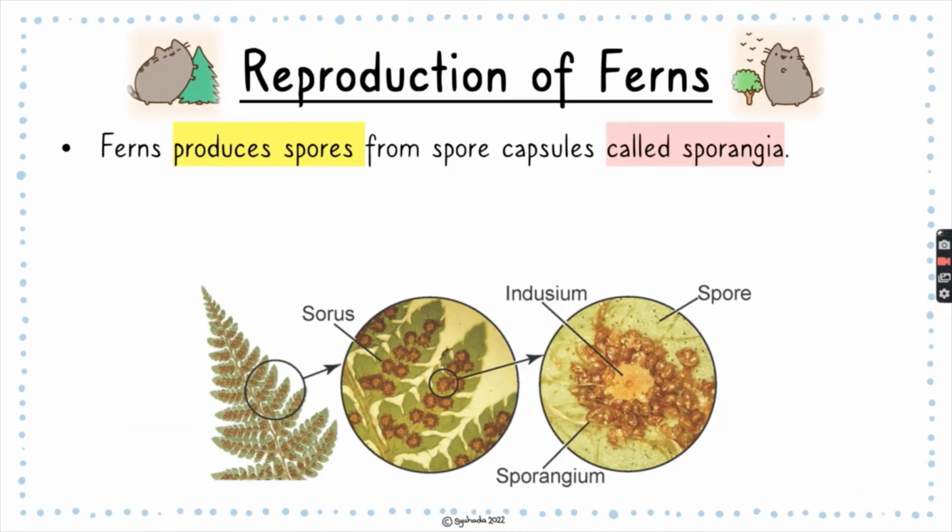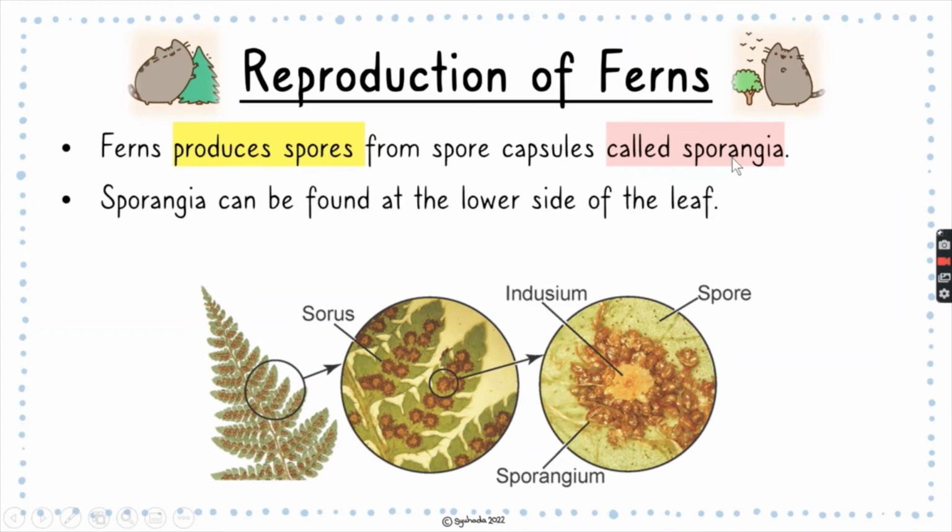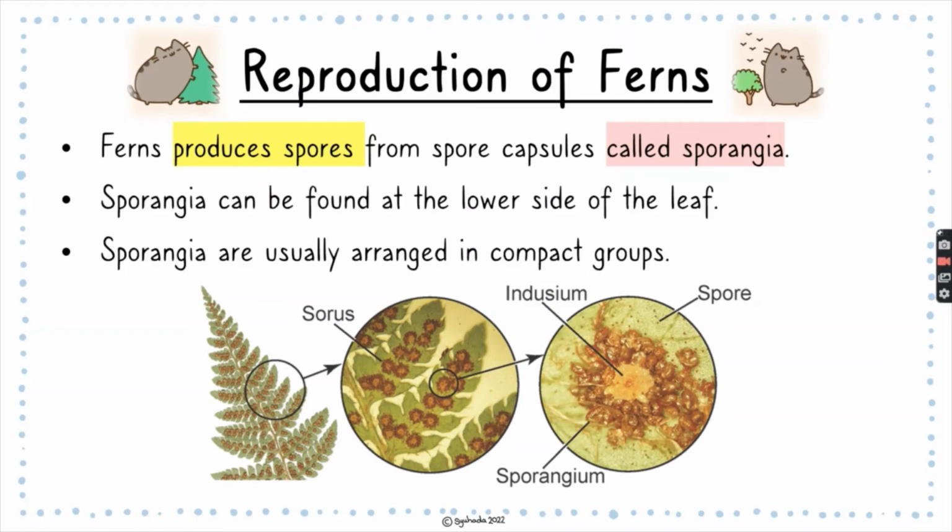So how do ferns reproduce? Ferns reproduce by making spores from the spore capsules called sporangia. Sporangia can be found at the lower side of the leaf. Sporangia are usually arranged in compact groups. So here is the underside of the leaf of a fern. And you can see that they have these really kind of insect-like looking structures. But that is what we call the sporangia.